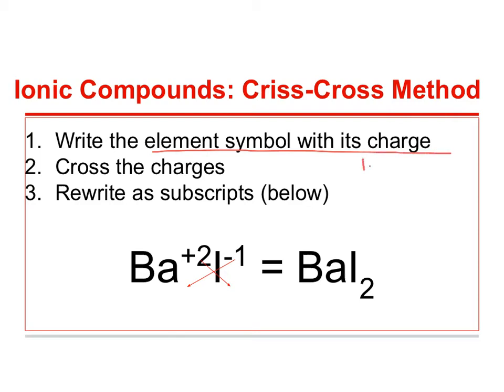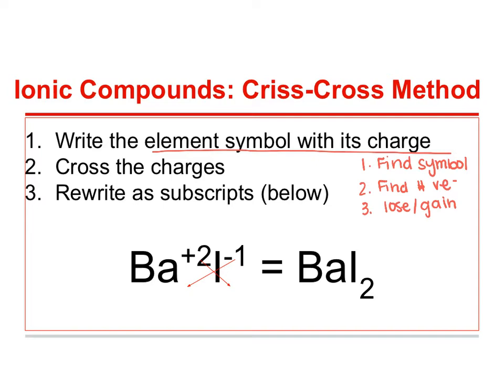First, you're going to find the symbol on the periodic table. Then you're going to find the number of valence electrons. Then you're going to decide if it's going to lose or gain to become happy, to get those 8 electrons. Okay? So let's go through that example for barium.